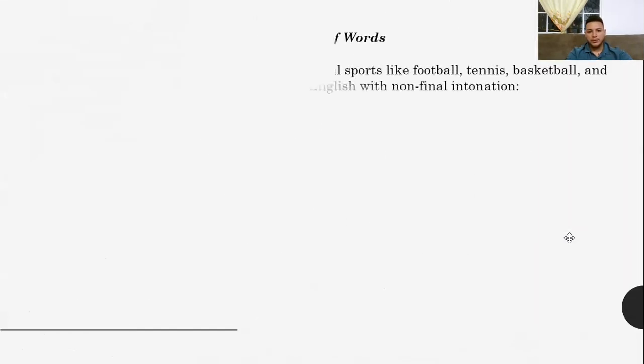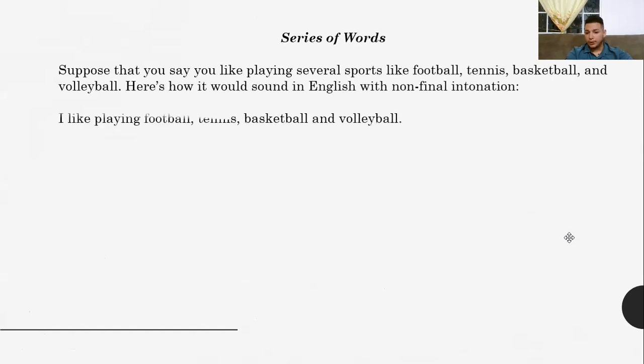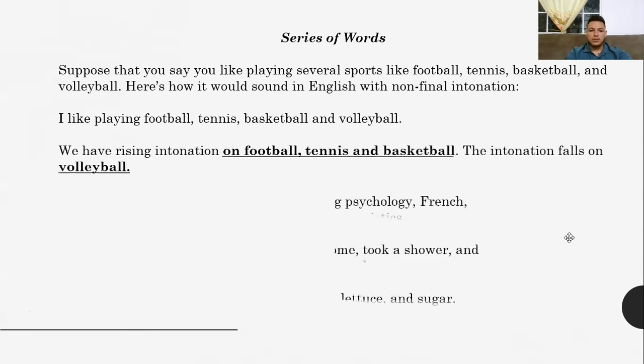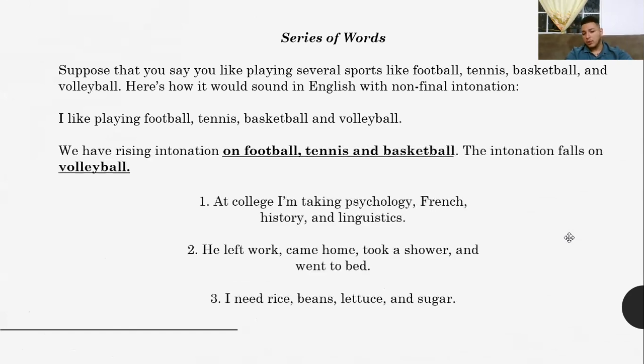And it's the same for a series of words. For example, I like playing football, tennis, basketball, and volleyball. If you can see, the rising starts on football, tennis, and basketball, and then the intonation falls on volleyball.